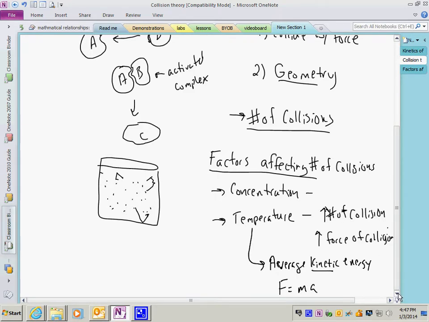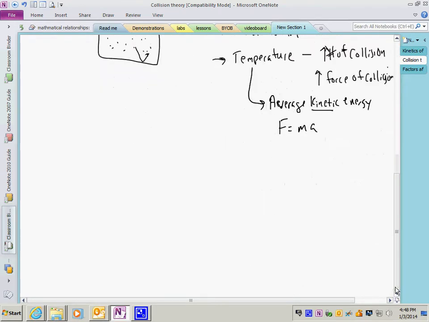Now, other things that we might be able to add on here would be surface area. This is a pretty good example of, we might say, a grain elevator.